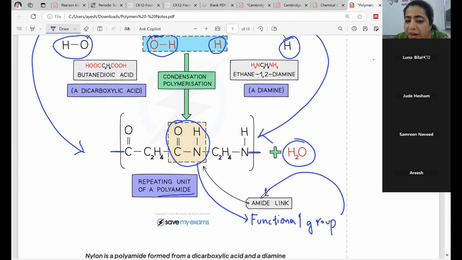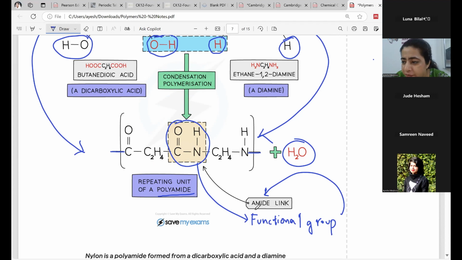Okay. So amide means when there is only one of these, then we will say it is an amide group or amide link. And when many come together, because when we are going to make a long polymer, this CO and NH can come many, many times, then we will say it's a polyamide. So C double bond O, single bond N, single bond H is a new functional group named amide.